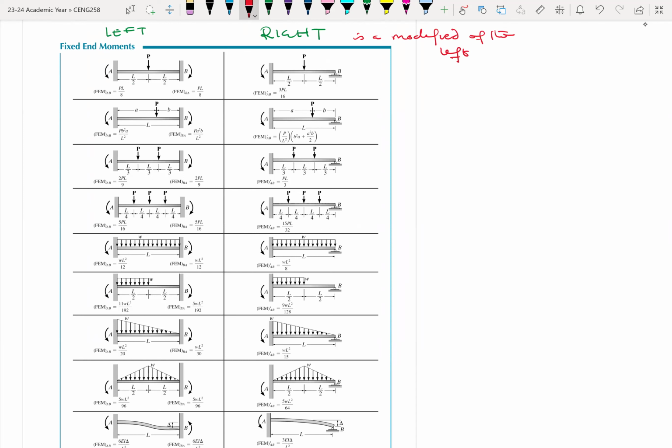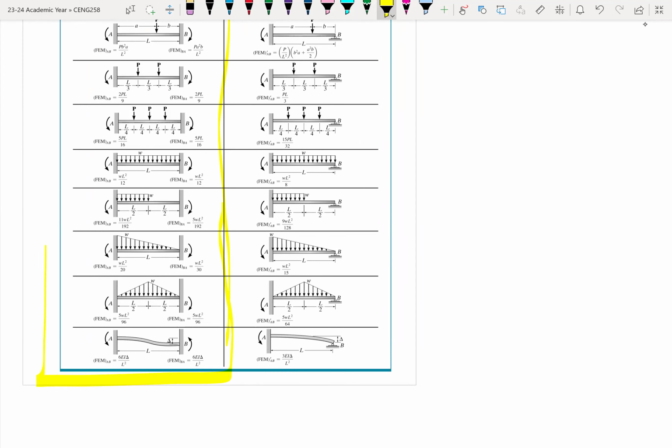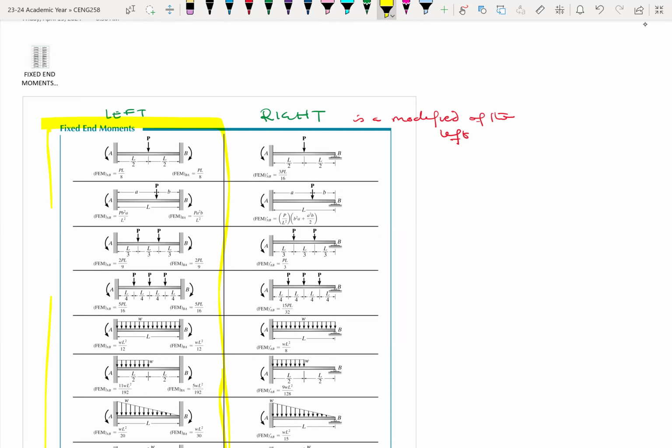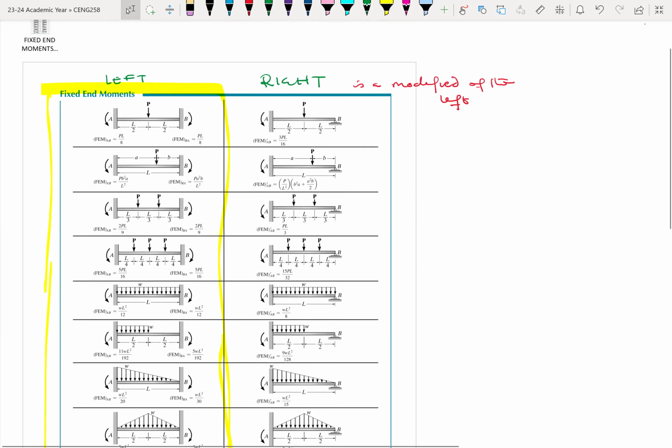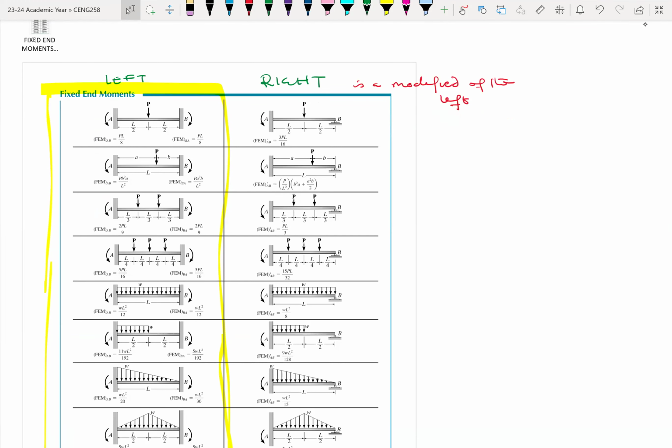But for now, what we are focusing on is the one on the left. With a fixed end moment, as the equation states, we assume that the ends are fixed. We don't really care about anything else. Then we look at which of these would satisfy our problem.